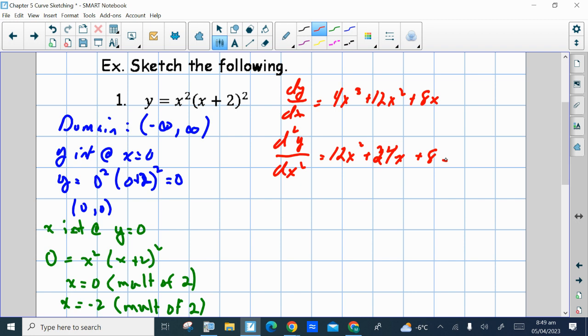And again, we want to find the critical numbers for this. So we'll factor that out, and there's a common factor of 4 that leaves us with 3x squared plus 6x plus 2. And that quadratic is not factorable. So again, we would have to use the quadratic formula to get our critical numbers.